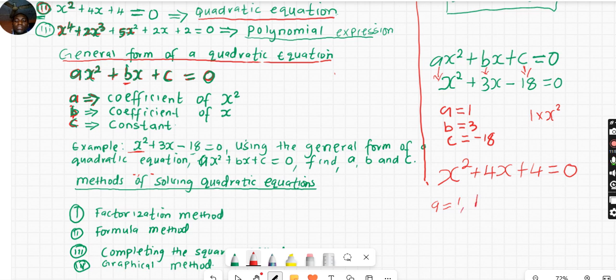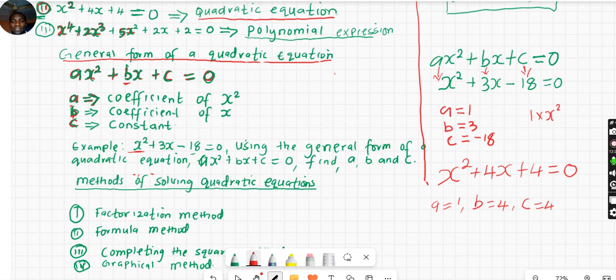Our b is the coefficient of x, the number attached to x, which is 4. And our c is the constant, the number standing all by itself, not attached to any alphabet. So our c is 4.